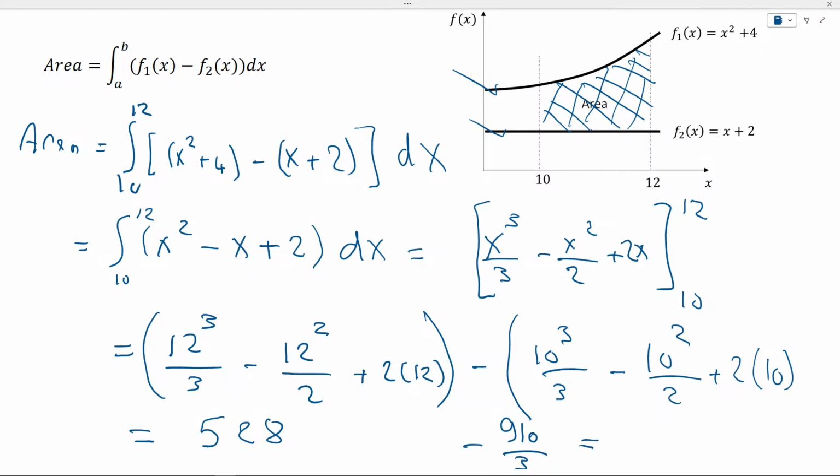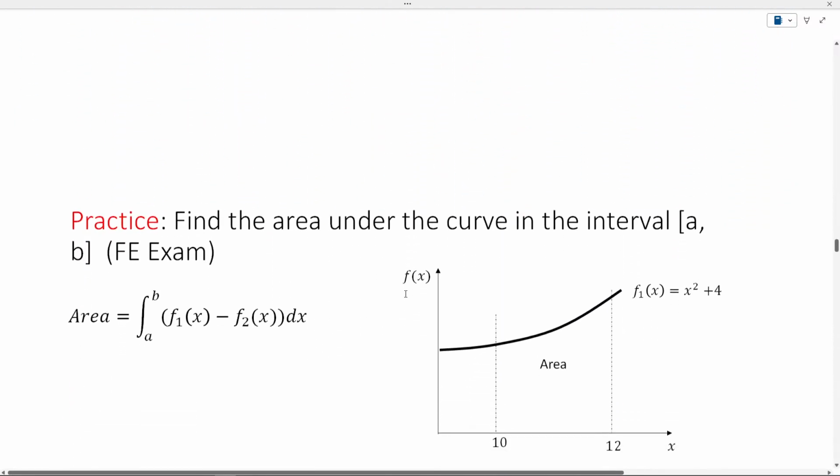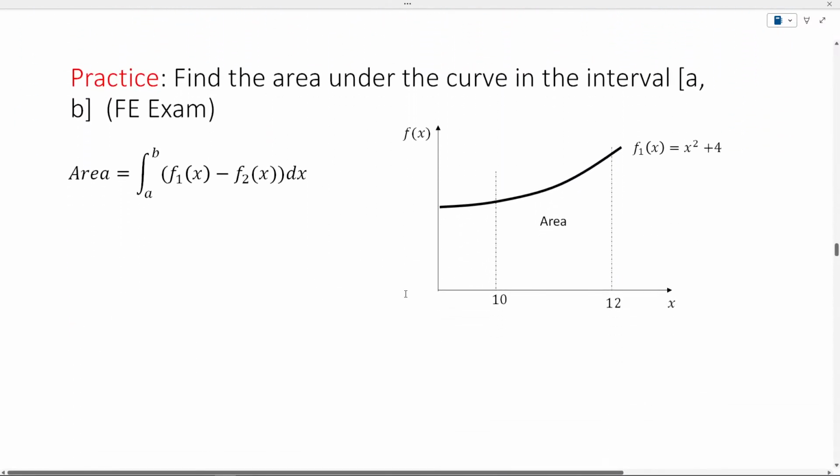And then if you did this, then I got the final answer is something like this. So the area under this curve is this number, like centimeter square, meter square, mile square, or whatever that unit is. Okay, so these are like some easy points in the FE exam.